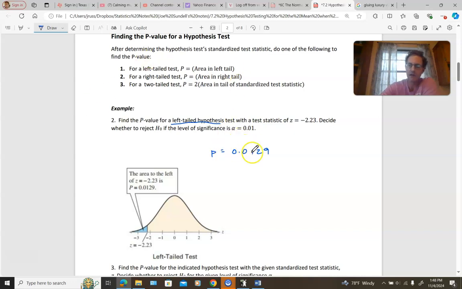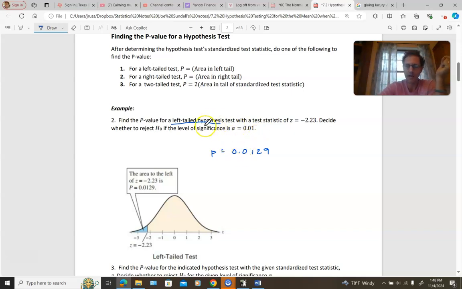So this is our p-value. In other words, this is the probability that if the mean is what I hypothesized, the probability of taking another sample and getting a test statistic that's even farther to the left, okay? Because that's the area under this curve. So that's really what you're finding.